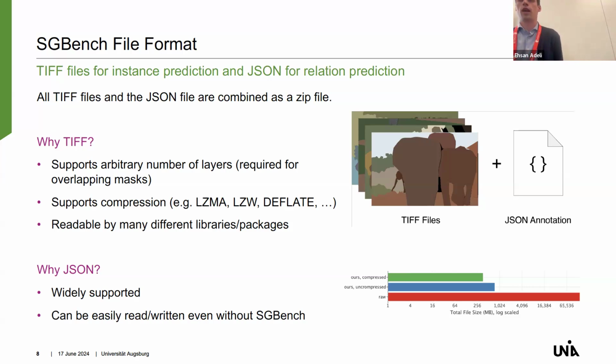We thought about using HDF5 or SQLite, but for HDF5 you would need an additional library, and we really tried to keep the dependencies to a minimum so that it works with your code base. SQLite would also be nice, but I think JSON files are just easier to work with. They're human readable, you can edit them, and they're built in everywhere. That's why we decided to use JSON annotations.